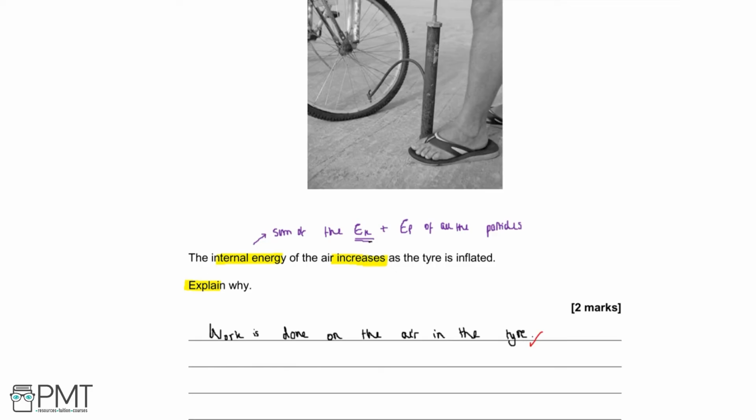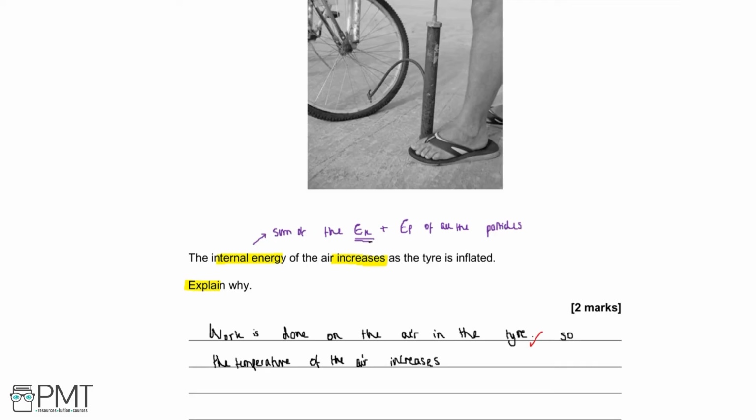And then we need to link this to why the internal energy increases. So if work is done on the tyre, we have transferred energy from the chemical energy store of the man to the kinetic energy store of the air molecules in the tyre. What's happening is that their temperature is increasing, and this causes the increase in internal energy.